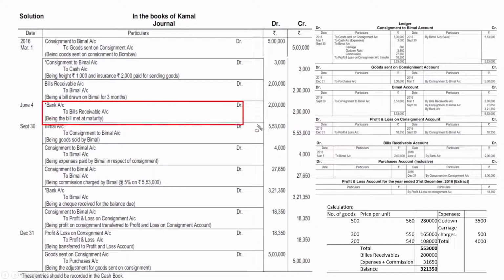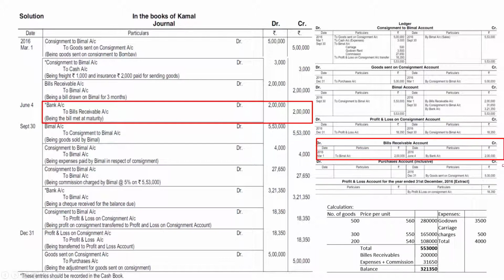The record will be bank account debit 2 lakh and the bills receivable account credit 2 lakh. That is how it will be posted. The bank account is not mentioned here, but the bills receivable will be credited by 2 lakh.